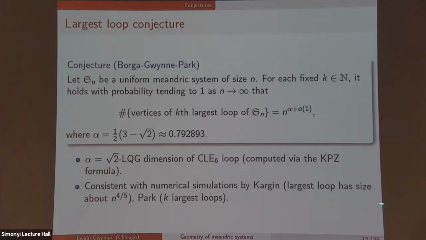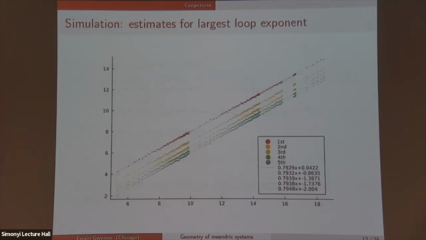It's already consistent with the simulations of Kargin that I mentioned earlier, because our predicted exponent for the largest loop size is pretty close to 4/5, and Kargin's simulations were showing that the largest loop should grow like n to the 4/5. And then Minjae also did some simulations for the k largest loops of the meandric system, for k equal to 5, and produced this very nice picture, which shows a scatter plot of the log of the largest loop size versus the log of the total number of vertices of the meandric system.